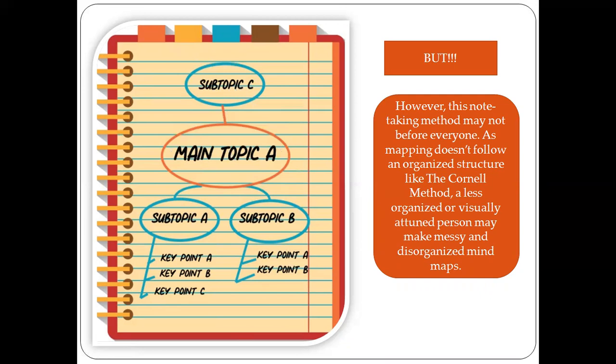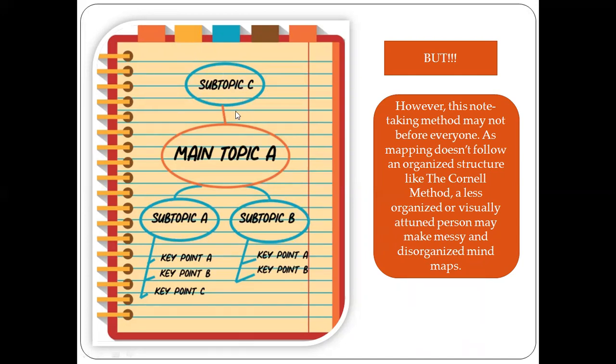It looks like mapping. Just connect and link with other topics and subtopics. You can continue drawing with this circling main topic and subtopics, subtopic A and B, and here connecting key points to the subtopics A, B, or C.